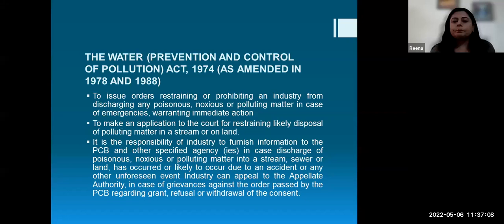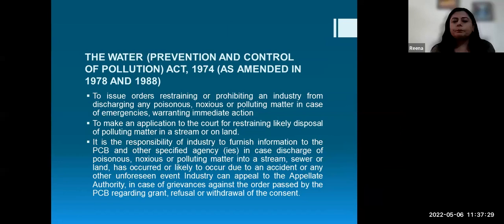Otherwise, penal action can be taken against them, ranging from fine to imprisonment of 5 years. To make an application to the court for restraining likely disposal of polluting matter is the responsibility of the pollution control board.